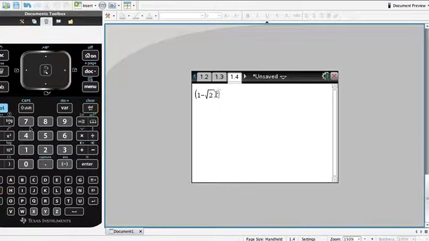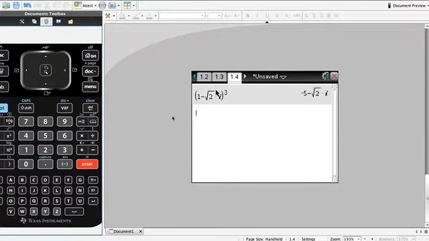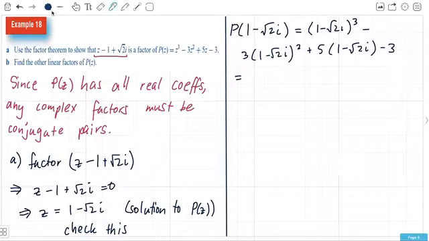I'm going to cube that. Okay, so I can get that automatically, so minus 5 minus root 2i, so I can put that back in. So I know that this part here is minus 5 minus root 2i.